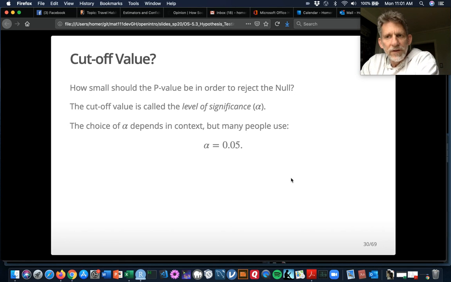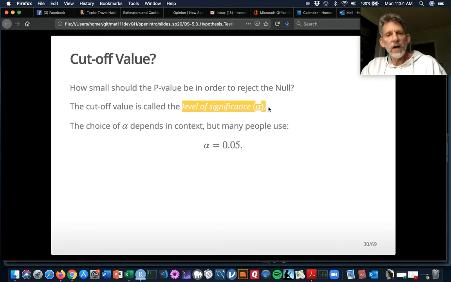Now, people always ask at this point, how small should the p-value be in order to reject the null hypothesis? And the real answer is that there is no one cutoff level. It all depends on context and the practical consequences of your decision. So the level of significance, the cutoff value that you choose, will depend on context.